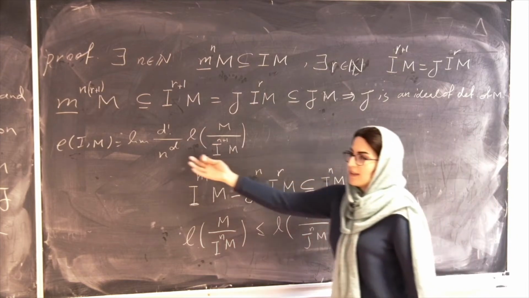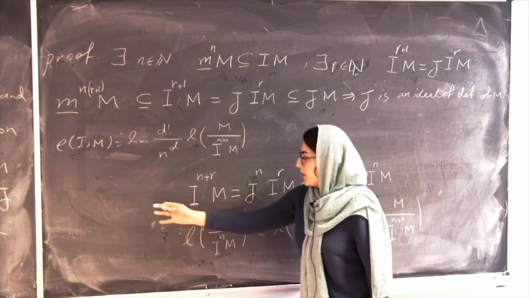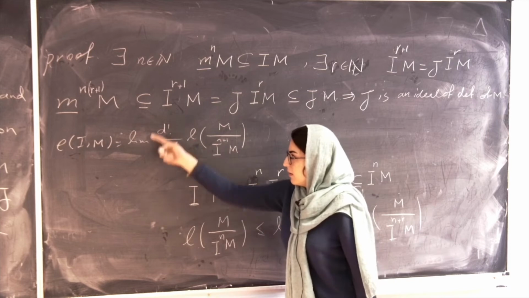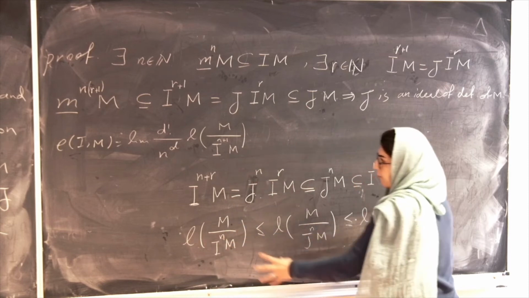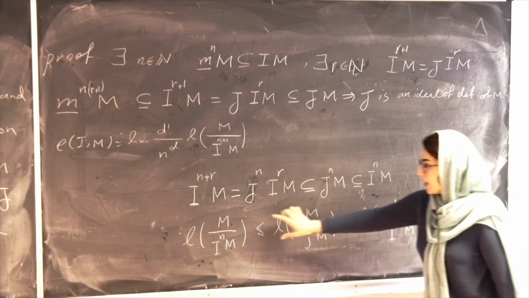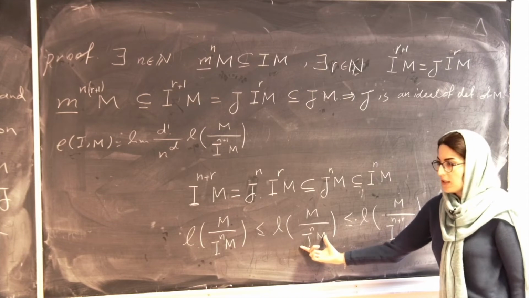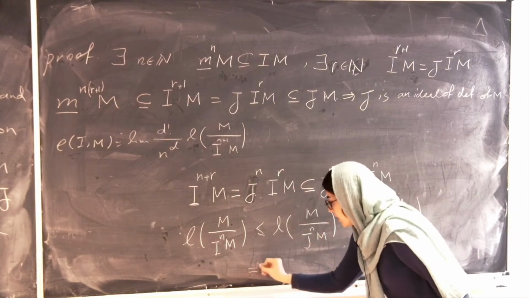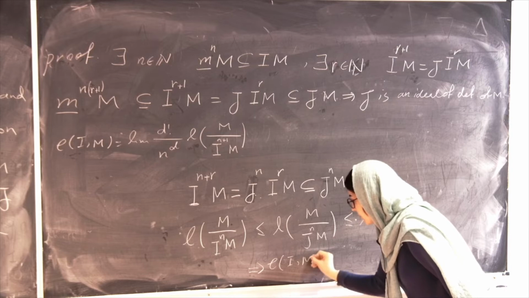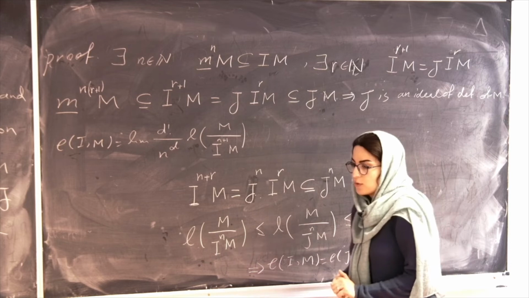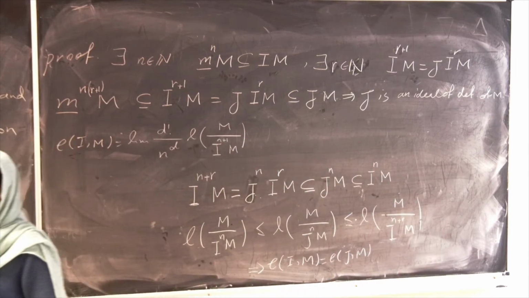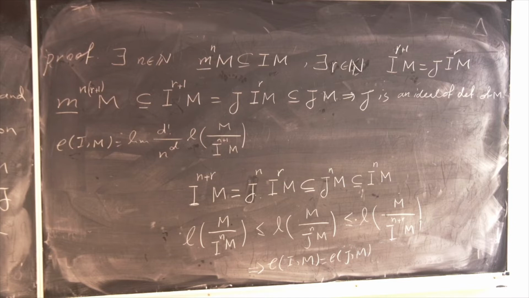And if I just multiply by this fraction and take limits, these two limits give me the multiplicity of M with respect to I, and this gives me the multiplicity with respect to J. So easily I will get this equality. So to compute the multiplicity, we can always reduce to a reduction of the ideal.